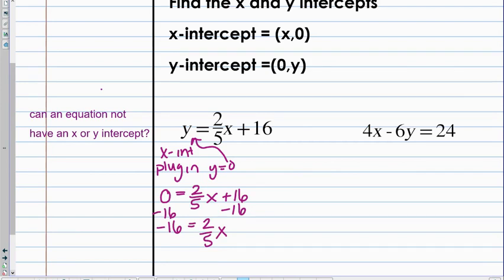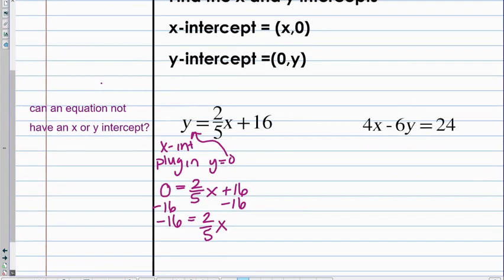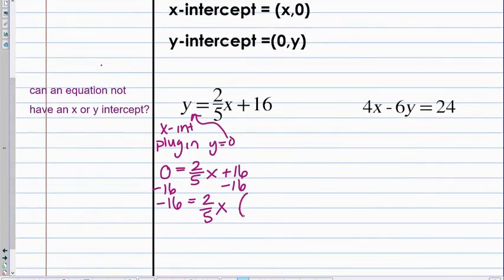Okay, and hopefully remember, how do we, if you will, get rid of this? That's probably not the right math term. But I'm going to do this in one step and multiply both sides by 5/2. So what I get is negative 16 divided by 2 should be negative 8 times 5. I believe I get negative 40.